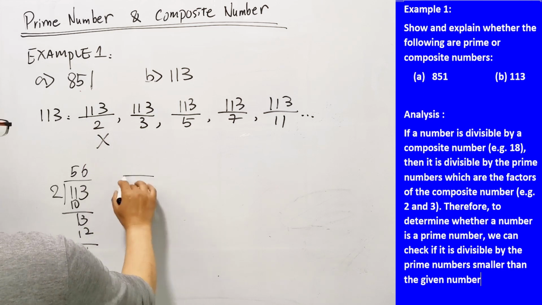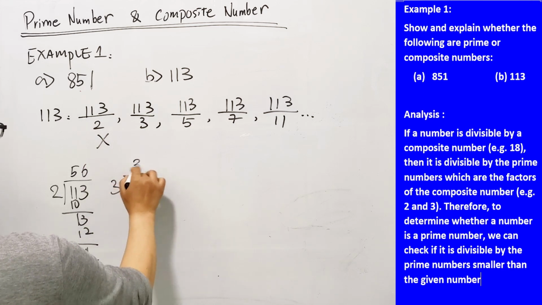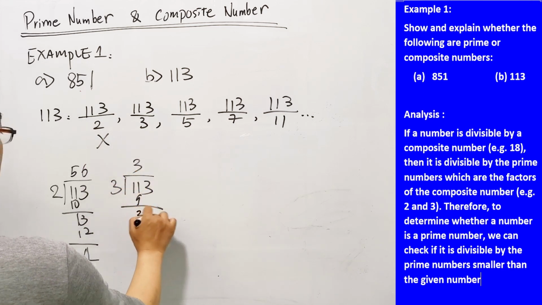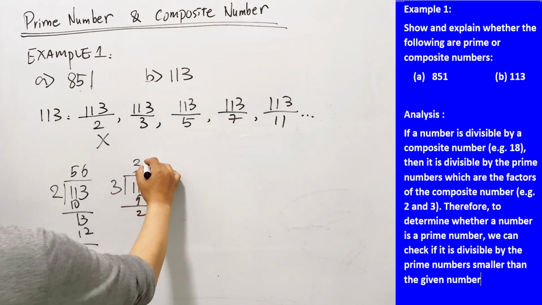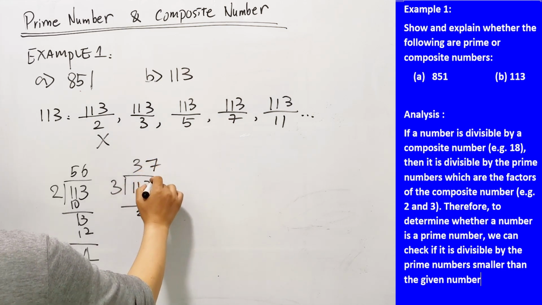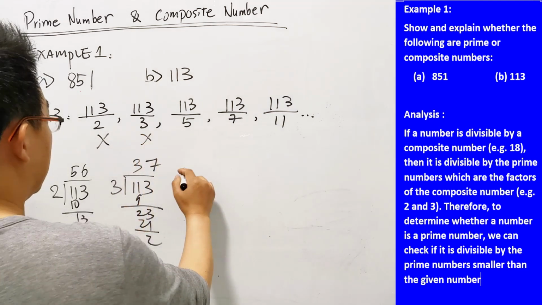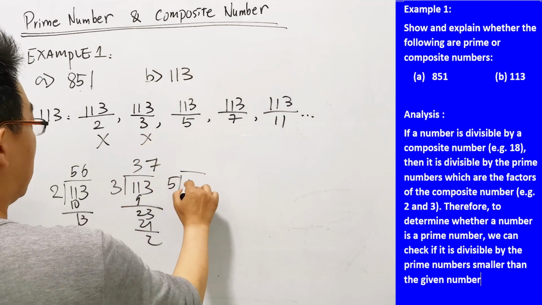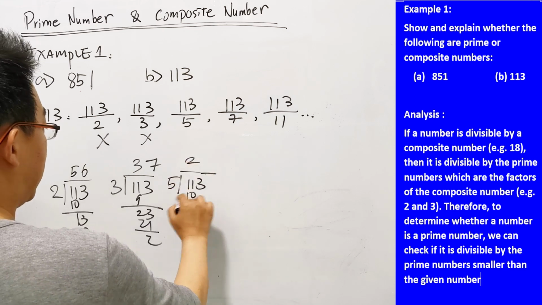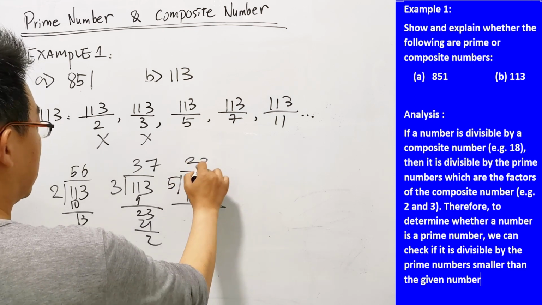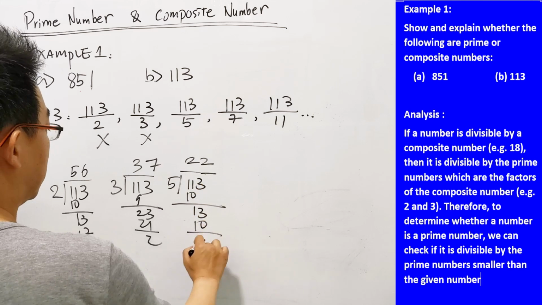That's the second one. 113 divided by 3 is a 3, 9, 2. So how much do we get? Can we get 7? Got 2, right? So cannot. Let's try 5. 113, so 2, 10, 13. We still balance 3, right?